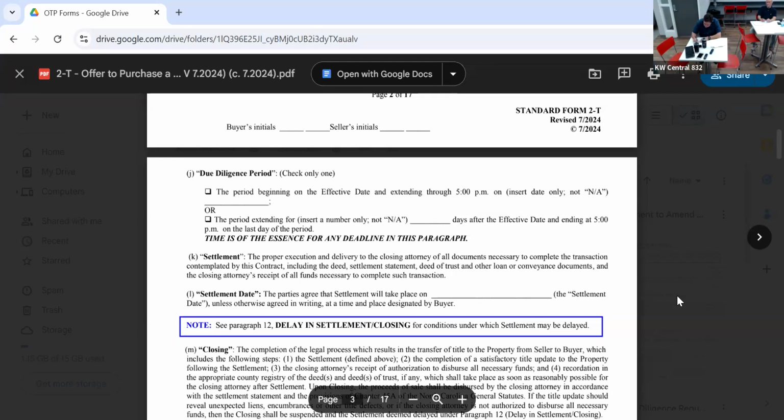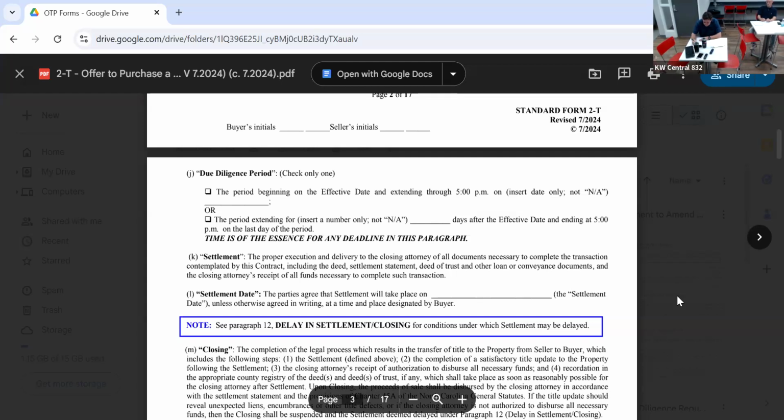And then settlement. When is settlement going to take place? Again, this can be a date, or it can be 30 days after the executed contract, or it could be 14 days after the end of due diligence, as long as it's specific.